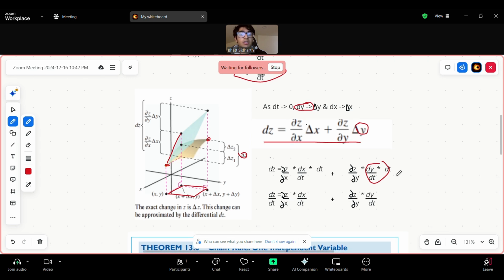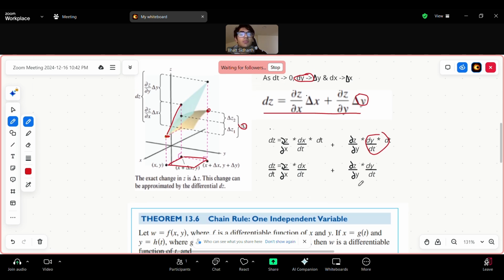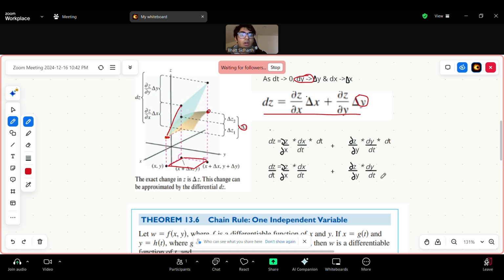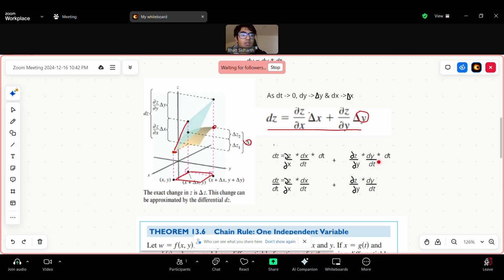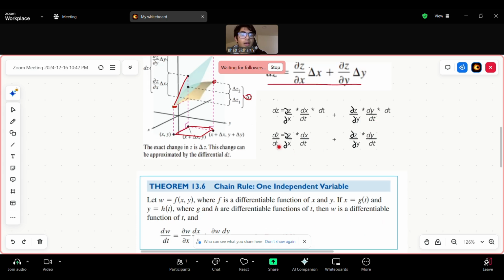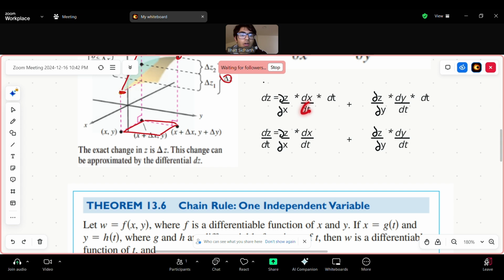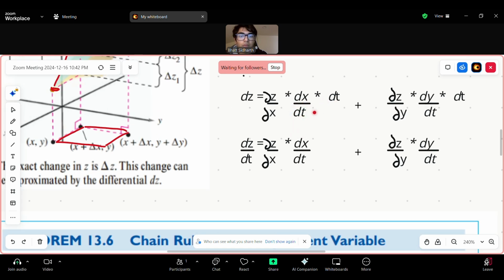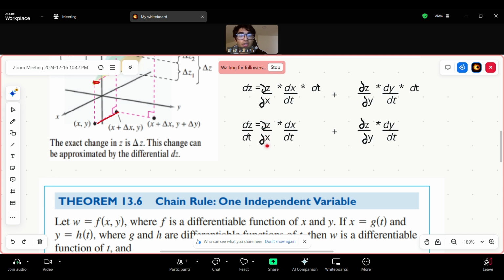Now, finally, to get our multivariable chain rule with one independent variable expression, we can just divide both sides of the equation by dt. So over here we have a dt, and we just want to divide both sides of the expression by dt. So then we get dz over dt is equal to partial z over partial x times dx over dt plus partial z over partial y times dy over dt.